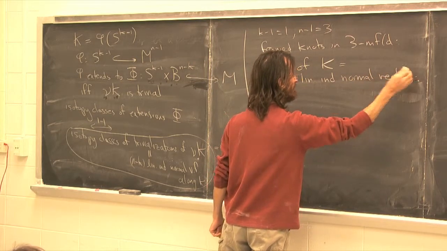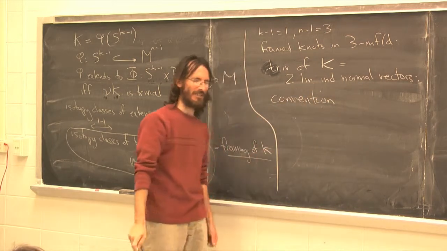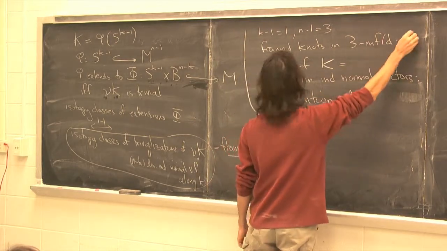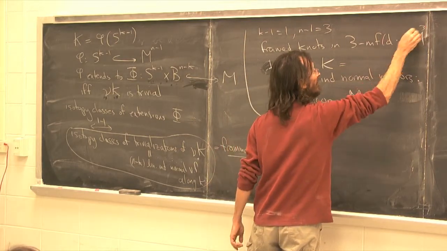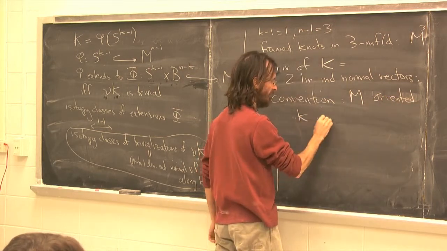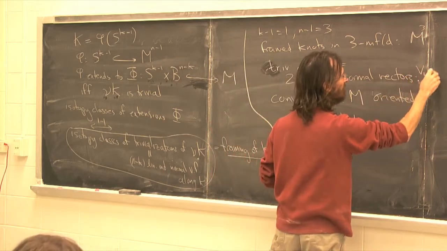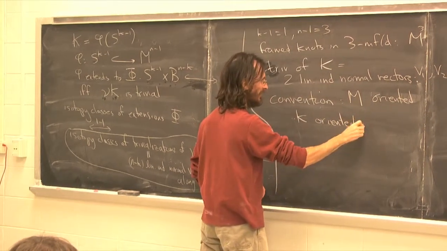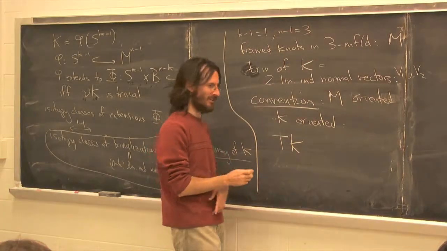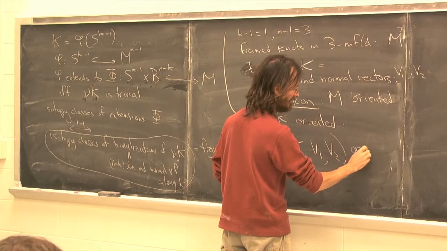But let's make the assumption, the convention, that everything's oriented: M is oriented, and K is oriented. Let's call these normal vectors V1 and V2. The convention is that the tangent direction to K, which is an oriented direction, followed by V1, followed by V2, I want this to be an oriented basis.